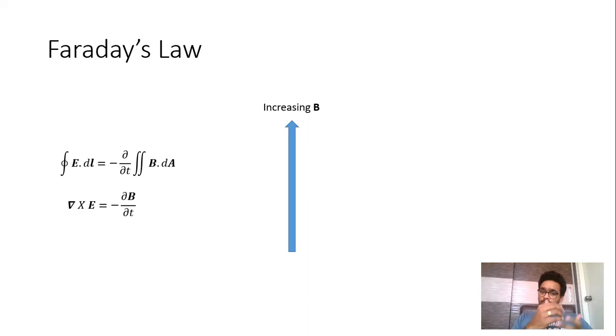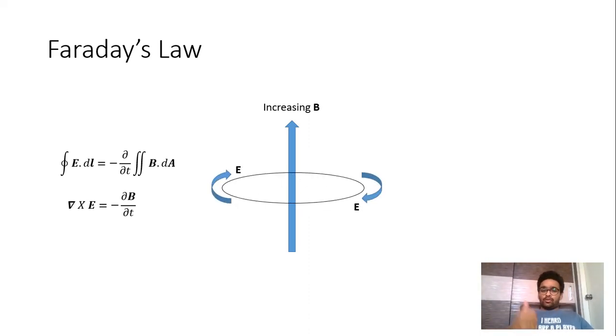So let us assume that you have a changing magnetic flux density B, and around it I have a conductor. You can have an electric field also. That is the magic in this.